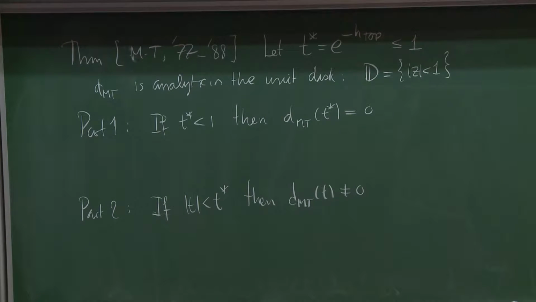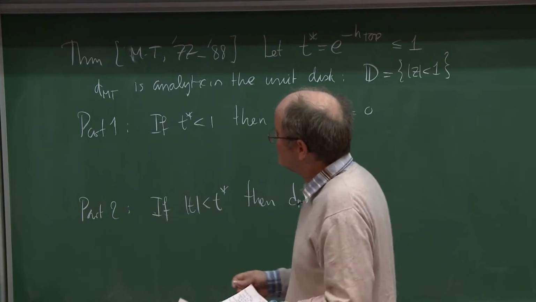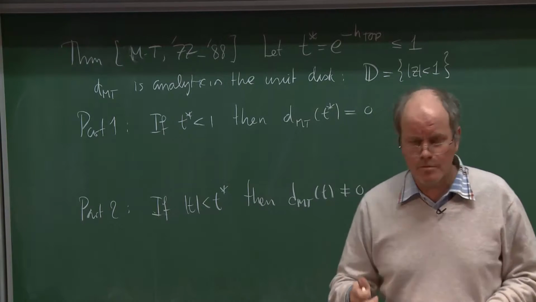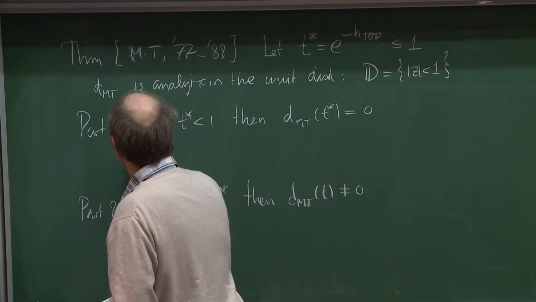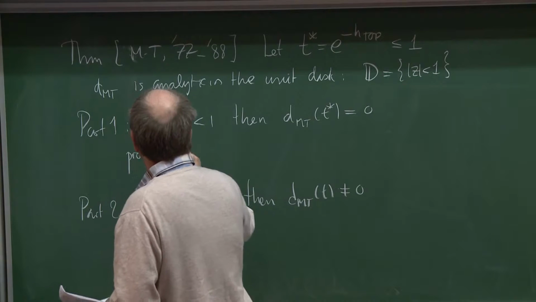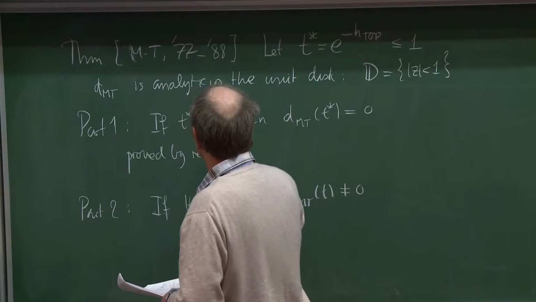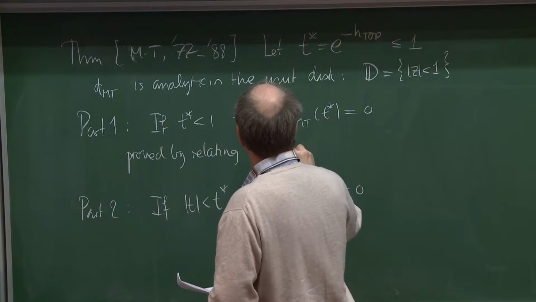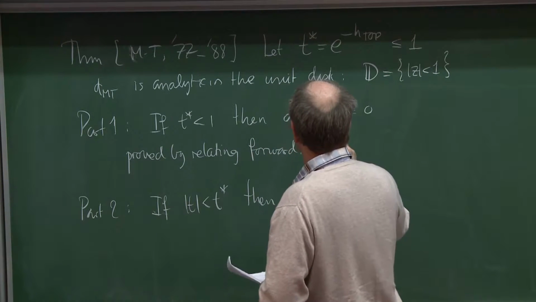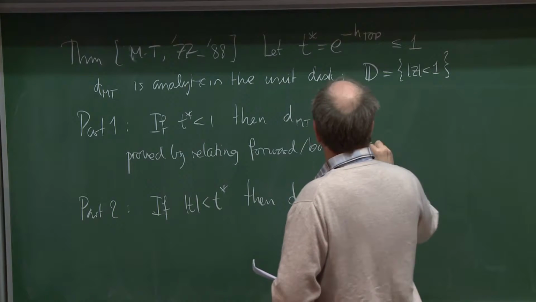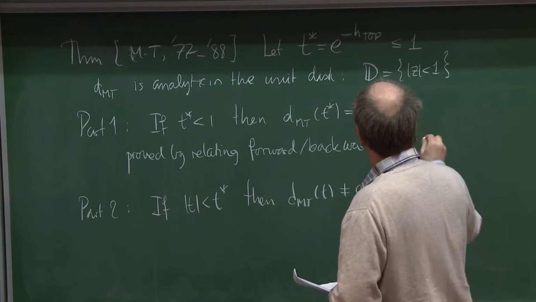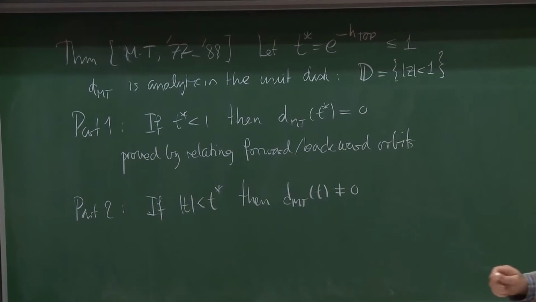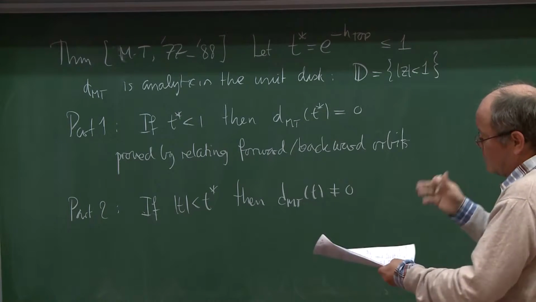Now, the first part is proved by relating, in a very ingenious way, forward and backward orbits. I should say in a very clever way because it's non-trivial, but you can do it.